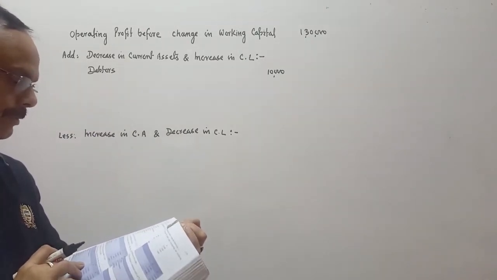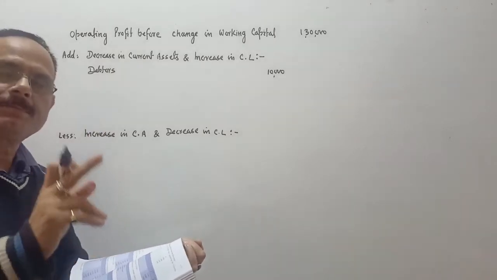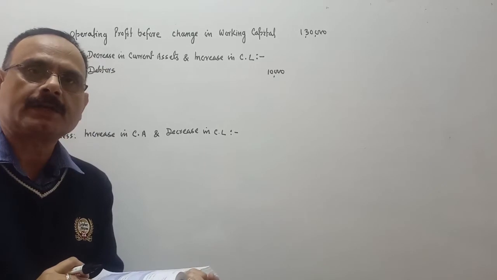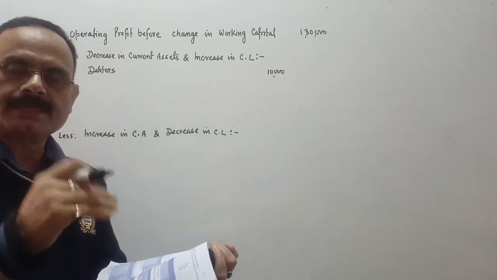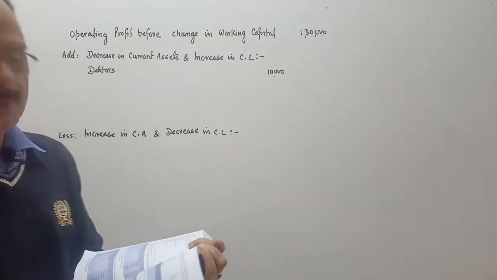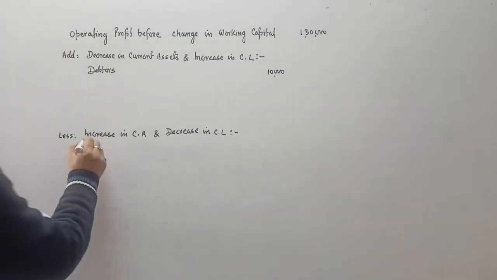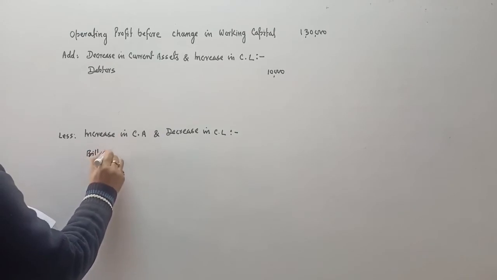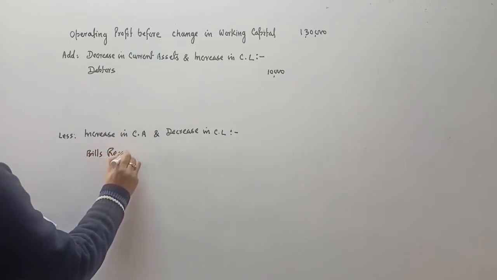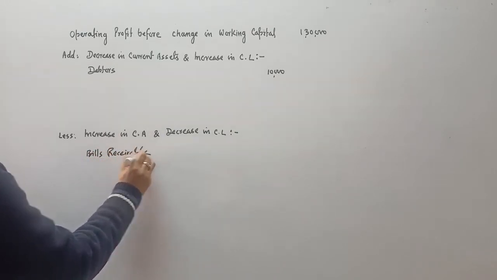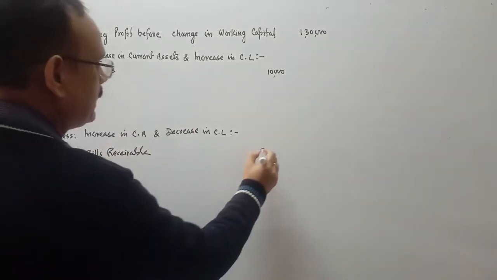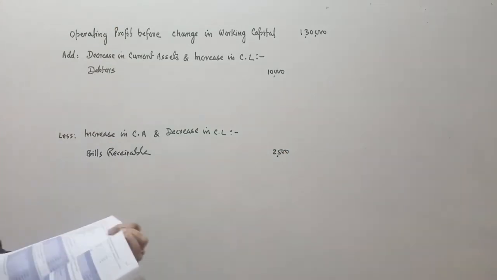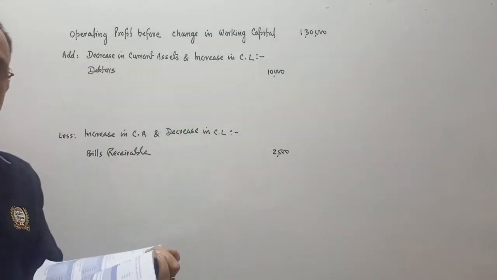Next is bills receivable. In 2017, bills receivable was 10,000 and in 2018 it is 12,500. So bills receivable is a current asset. It is increased by 2,500. So increase in current assets, we will write it over here. Now next, creditors is the current liability.